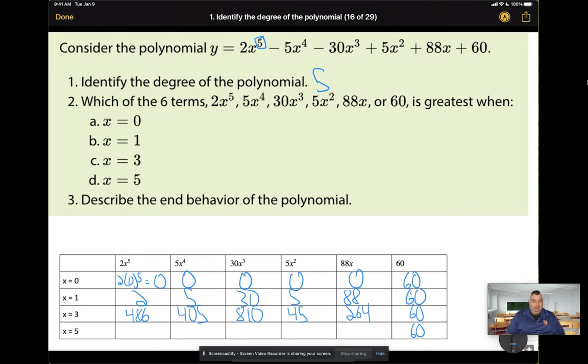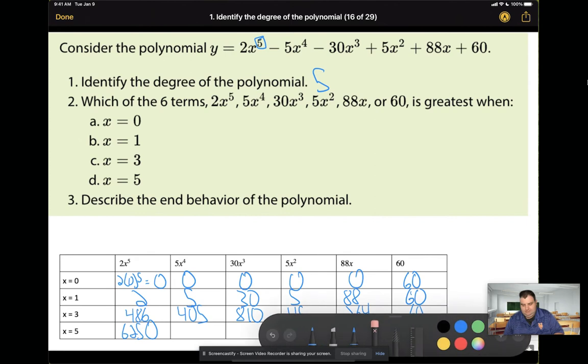All right, and now we're going to do the same thing, but now we're going to let x be 5. So 2x to the 5th, that's going to be 2 times 5 to the power of 5. And this is the value that I got, 6,250. Up next, that's going to be 5 times 5 to the power of 4, so that's 3,125.